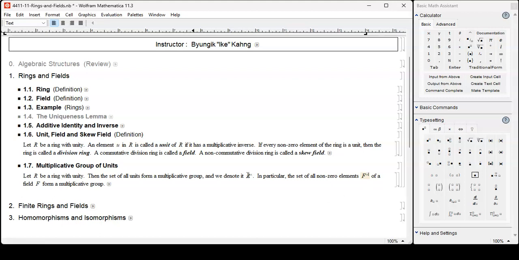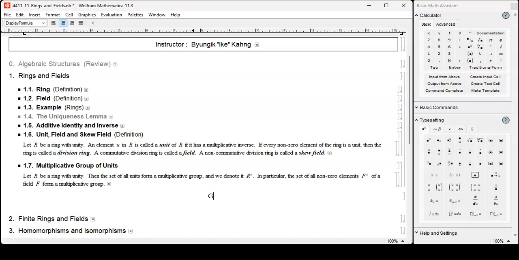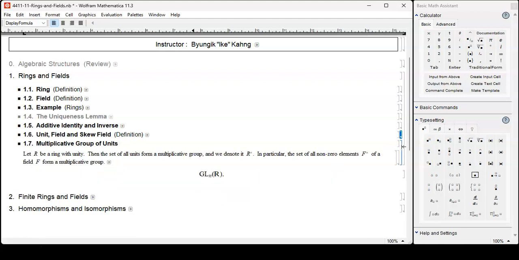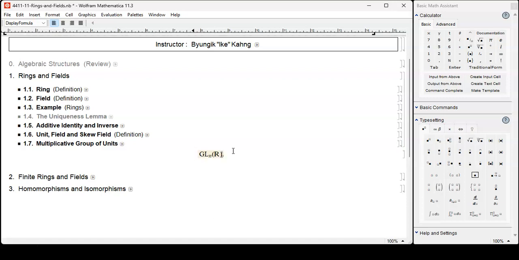And if the set of all non-zero elements of a field, then in this case of F^x, we use the same notation. And a good example of that is the general linear group, the set of all non-singular square matrices of size n.